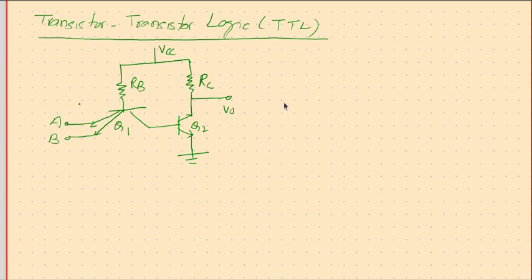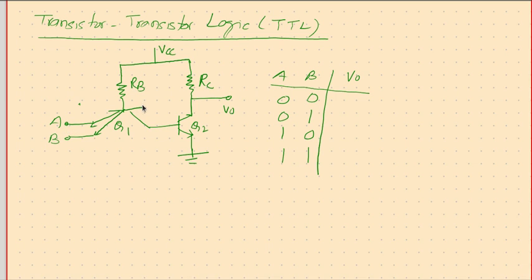Let A and B be the two inputs, and VO be the output. So as usual, there will be four options for two inputs A and B: 0 0, 0 1, 1 0, and 1 1. Let's see for each case what would be the output.